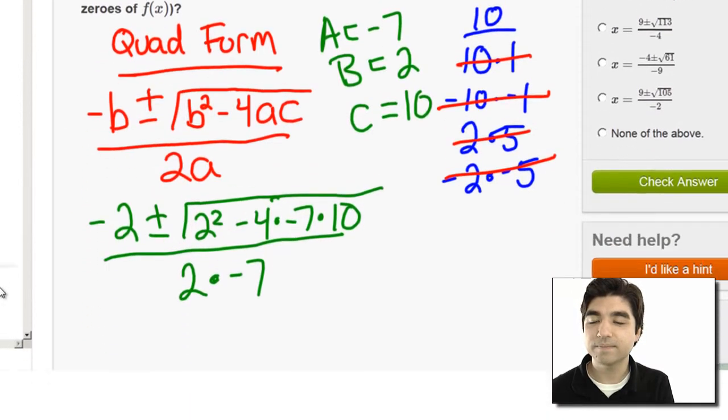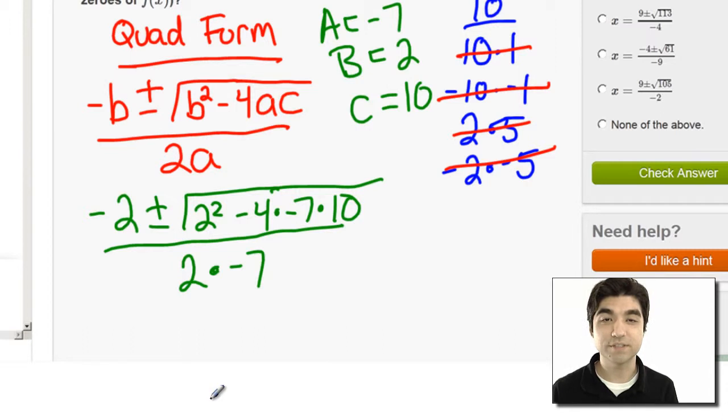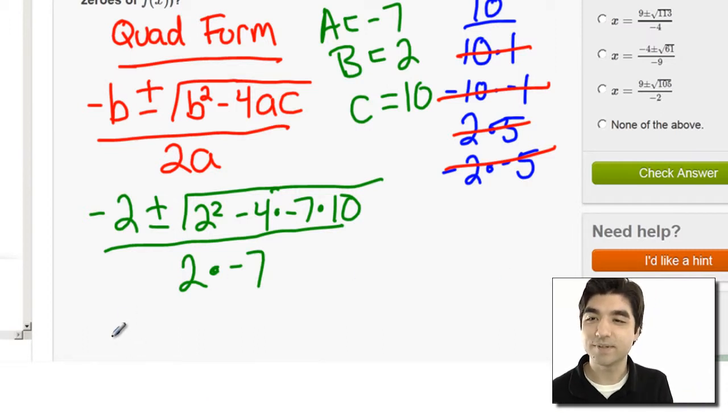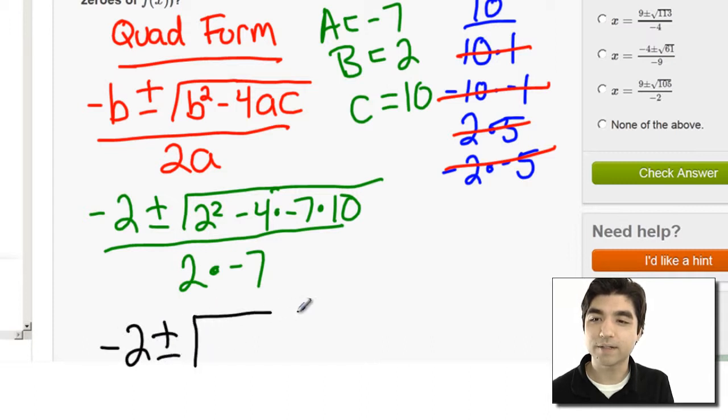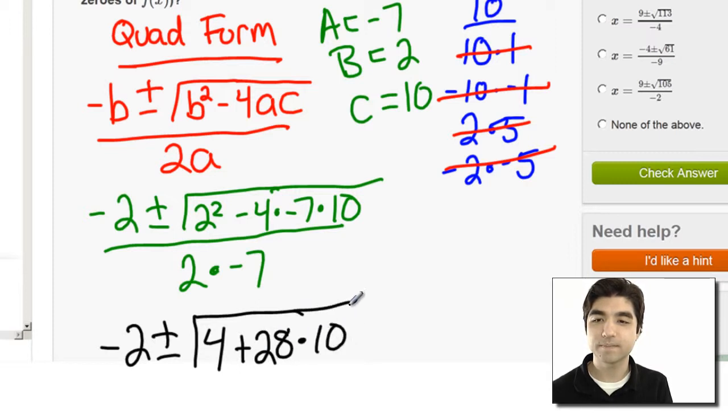Alright, so now all you need to do is simplify. We have negative 2 plus or minus the square root of 2 squared, which is 4, minus 4 times negative 7 times 10. Negative 4 times negative 7 is positive 28, times 10, divided by 2 times negative 7, which equals negative 14.